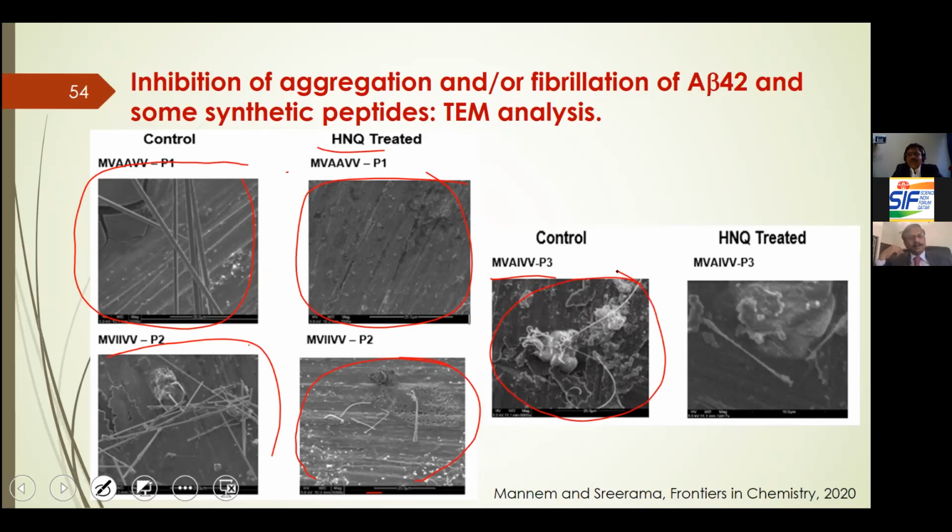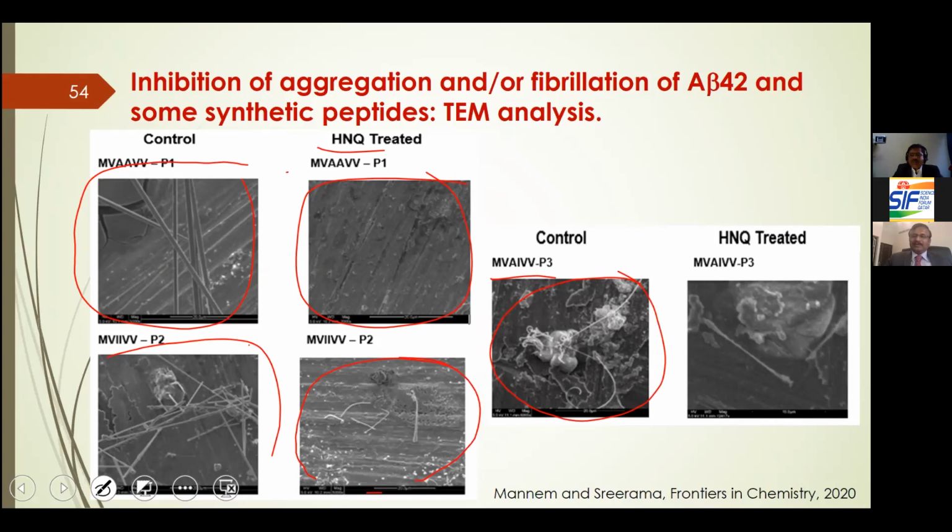So clearly, we have now demonstrated that Lawsone by itself can act as an anti-Alzheimer's compound.